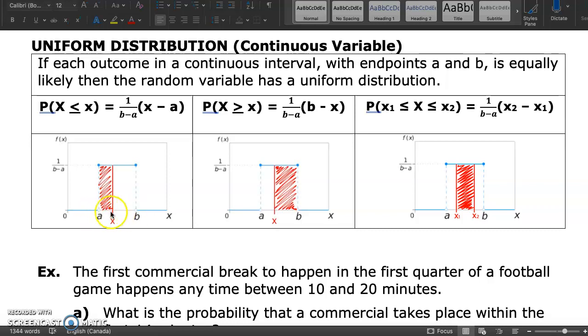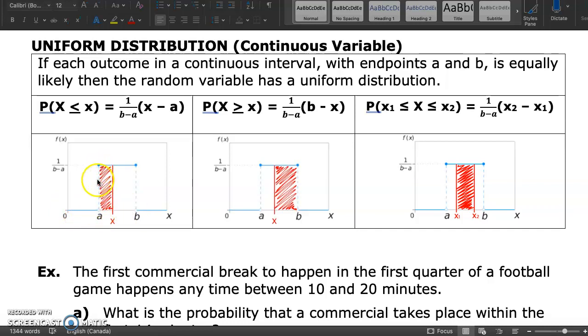And they're going to fall between these two values, A and B. If this is a rectangle, which represents the total probability, remember, the area underneath the curve for the sample space is equal to 1. If this distance here is B minus A, notice this is length B. If we take away A, we get the interval in between, which is B minus A.